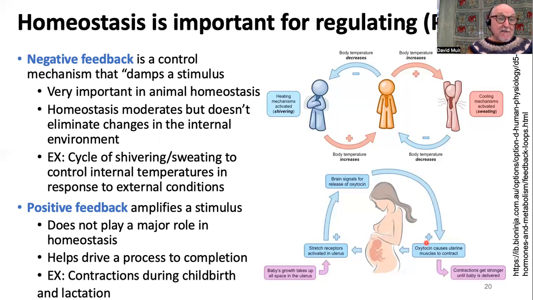As oxytocin is released, the muscles in the breast contract and move the milk. As that happens, the brain picks up the stimulus from the breast itself and releases more oxytocin. So that is another positive feedback mechanism.